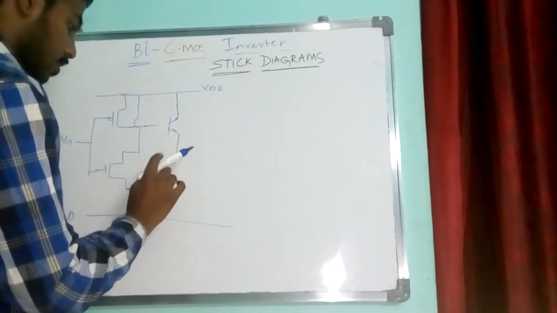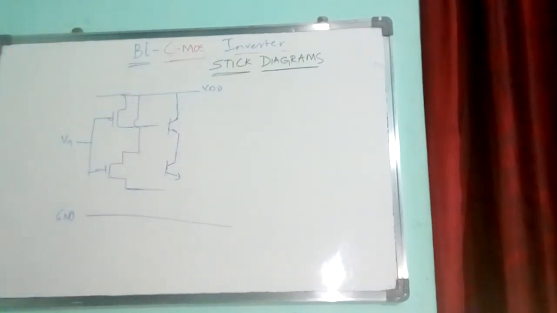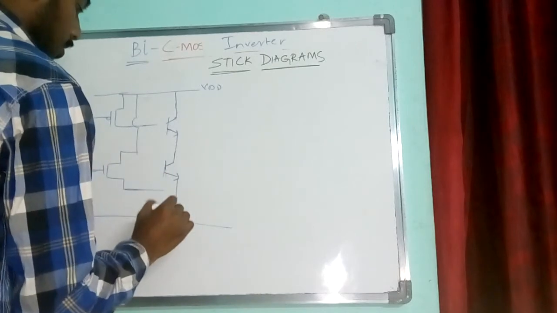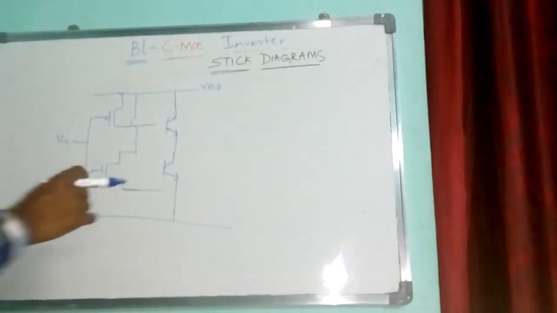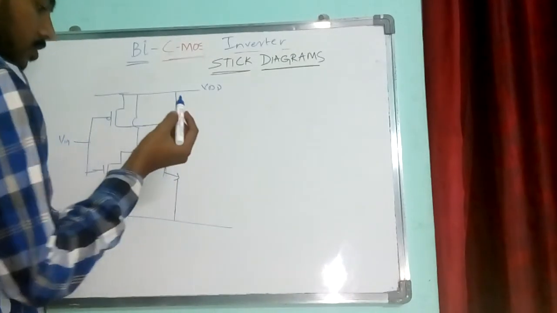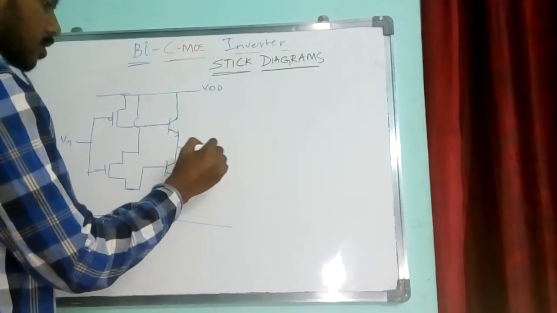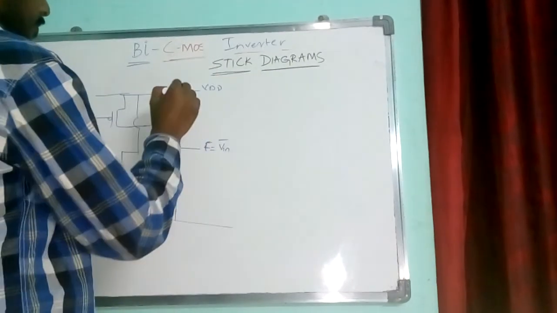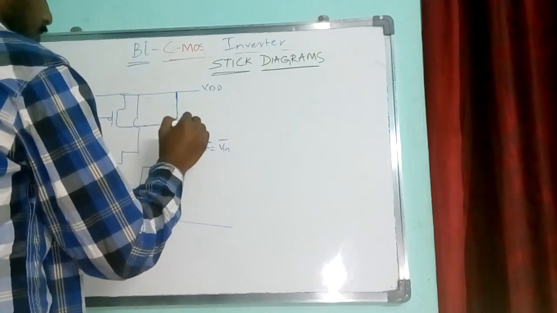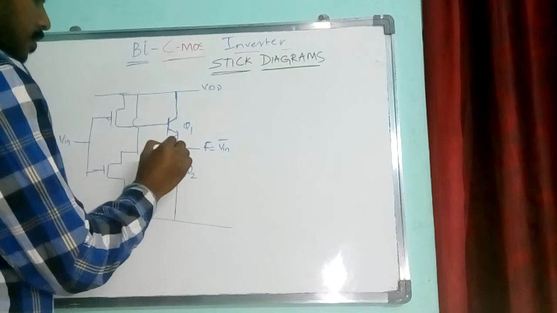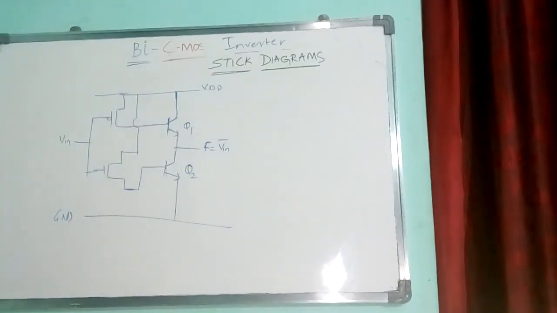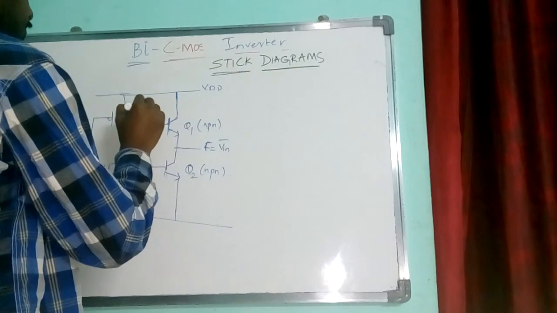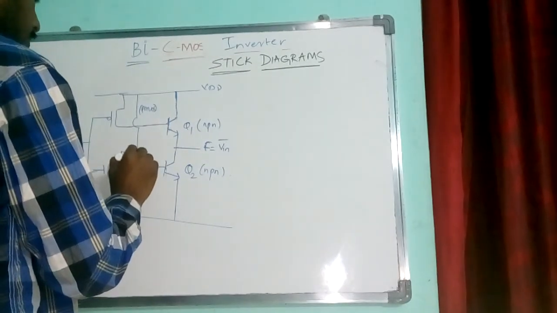Here we get the output, Vout. This one is PMOS and this one is NMOS.